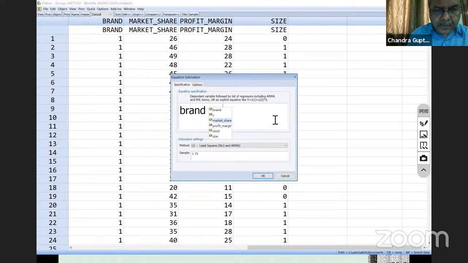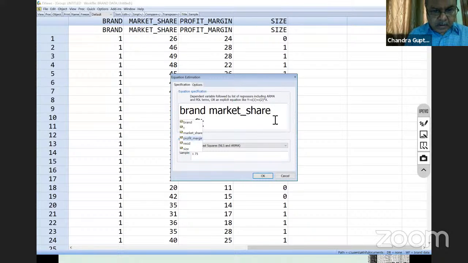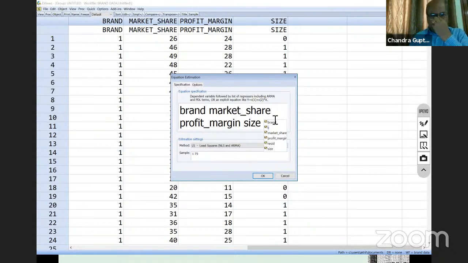Market share is my independent variable, along with profit margin and size and a constant. So I have written the components of the equation.